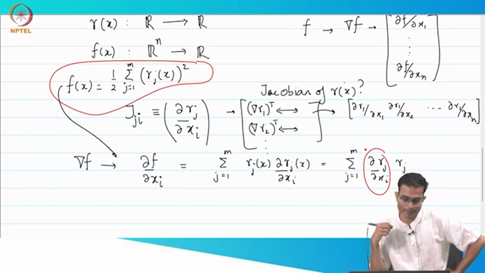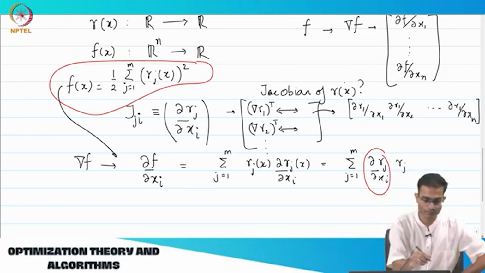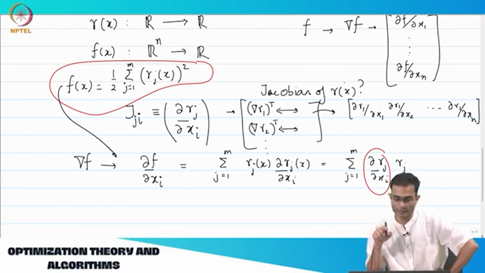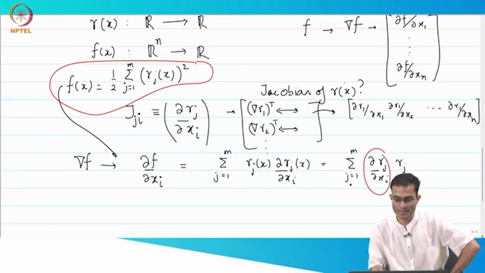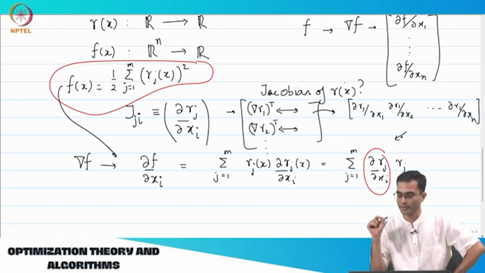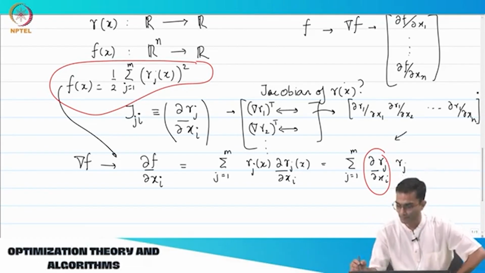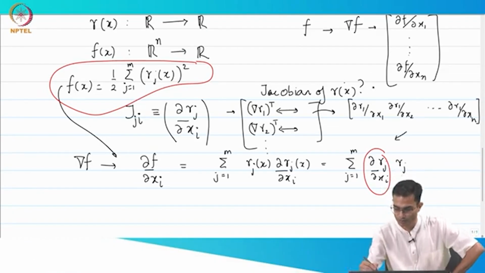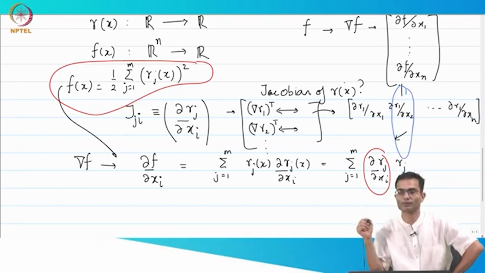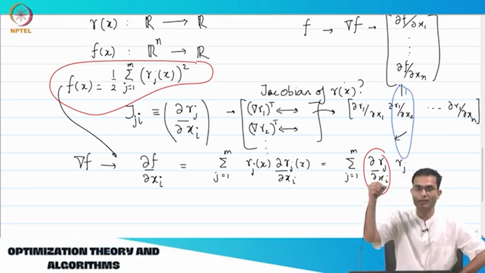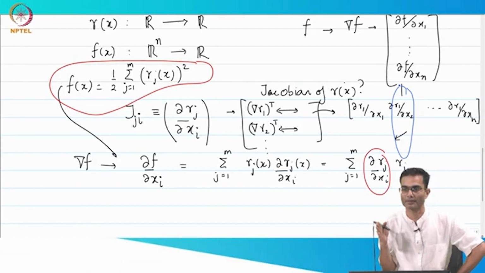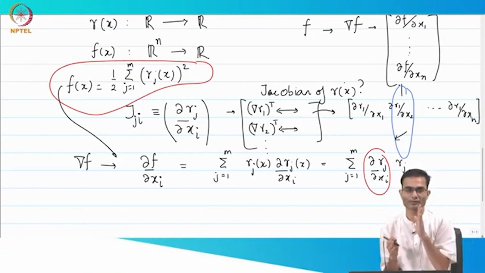So is there a nice way by which we could simplify this expression? It looks like a column of the Jacobian. j is the variable of summation that is varying in this expression, and i remains constant. So for a fixed i, what is changing is r1, r2, r3, but x_i remains the same, so it's a column of my Jacobian matrix.